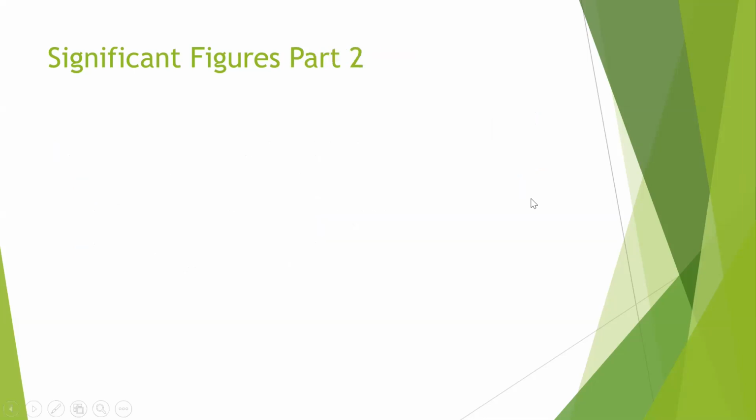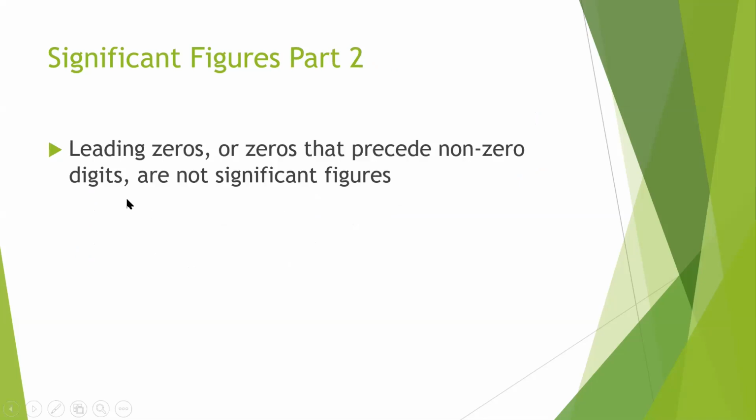So basically, if it's a non-zero digit, it's easy, they're all significant. The hard parts are about zeros. So our next rule is that leading zeros, which are zeros that precede non-zero digits, are not significant. So I want to clarify what leading zeros are. You look at the first non-zero digit. So in this case, 0.1. Leading zeros are zeros that precede non-zero digits, so they're to the left of the non-zero digit. So that's this 0 right here.